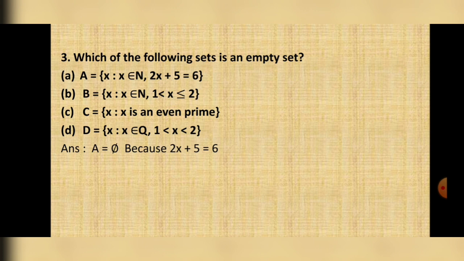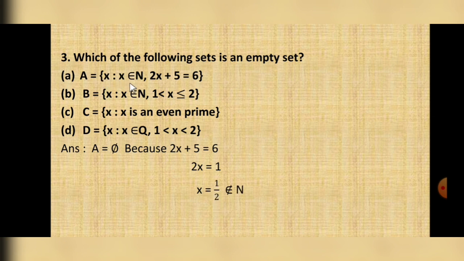to null set, because the first set is an empty set. Now you can simplify this term here. 2x plus 5 equal to 6 is the given term. Next, 2x equal to, you take this 5 to the right hand side, 6 minus 5 is 1. Then x equal to 1 by 2.